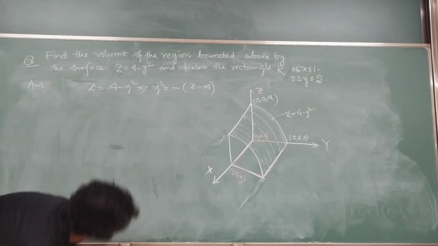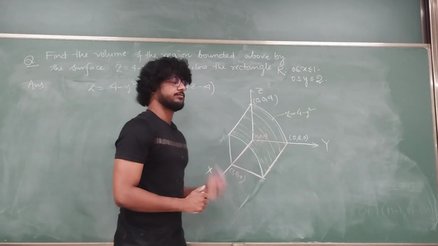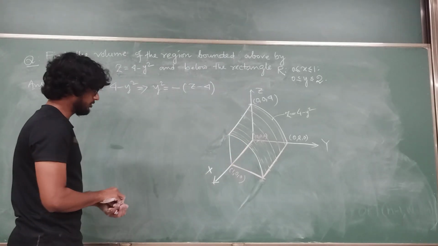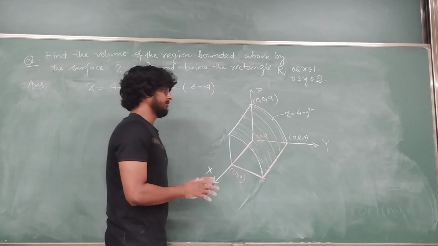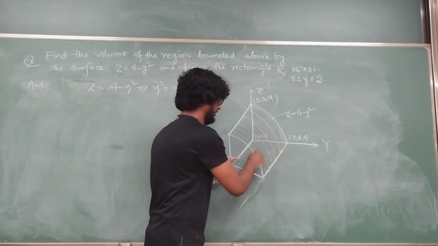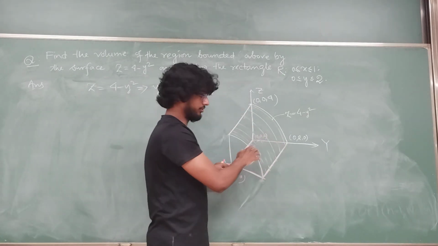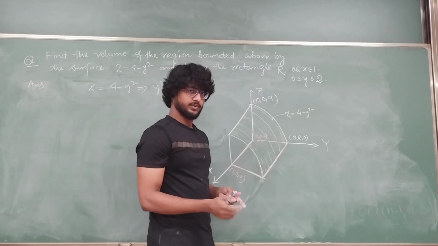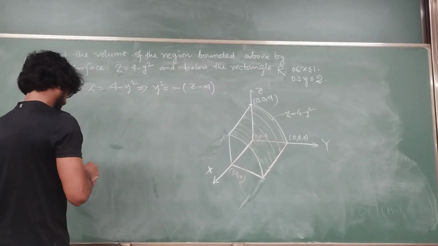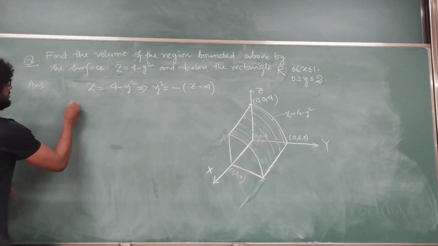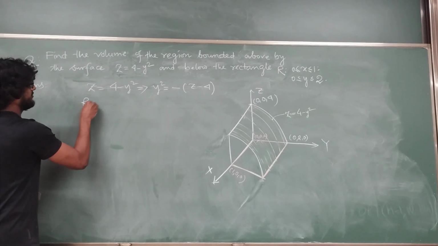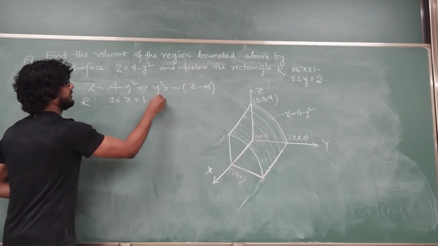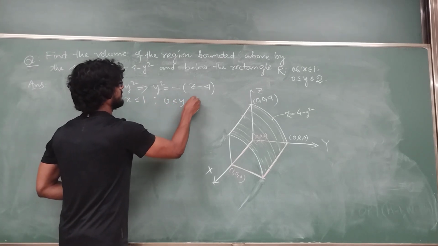Now I have to find the volume of this portion of the cylinder. For that you can do double integration, triple integration, anything. But as the surface is given and we know the region below this surface, you can find it by double integration also. So the region R is bounded by 0 less than or equal to x less than or equal to 1, and 0 less than or equal to y less than or equal to 2.